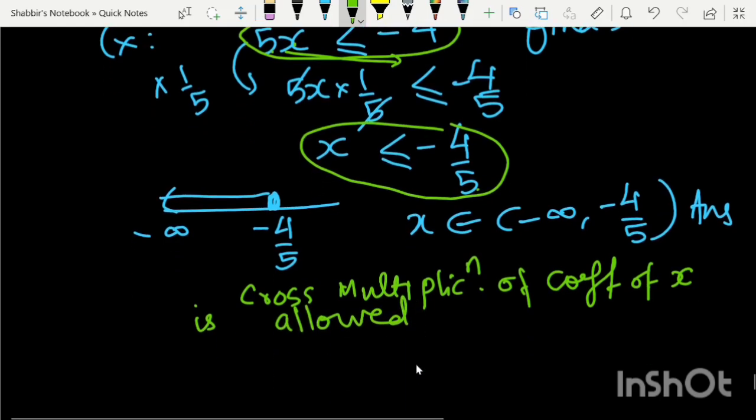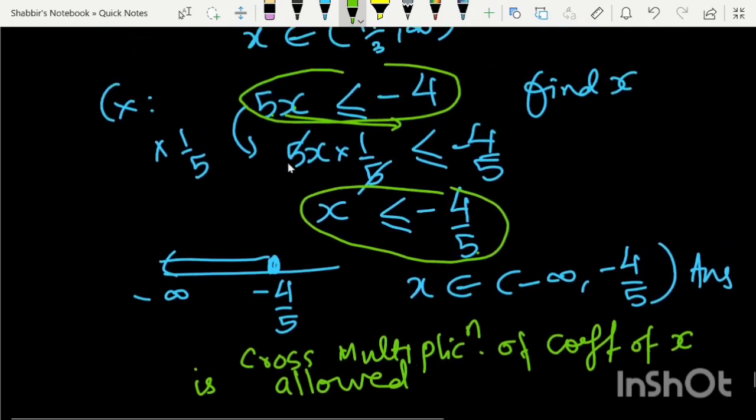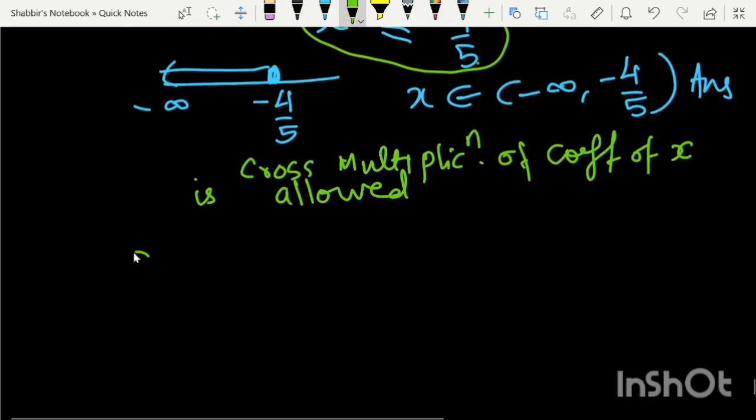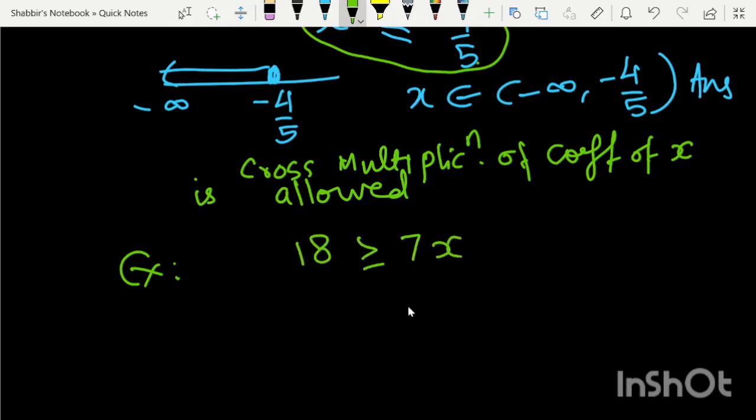From the first to the third step you can see that 5 came from the LHS, as a coefficient in the numerator, it came into the denominator. So in a similar fashion, if I write another example like 18 greater than or equal to 7x, can I write it like this using this law?